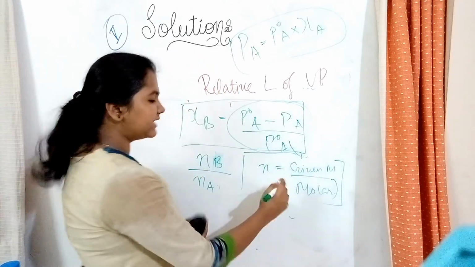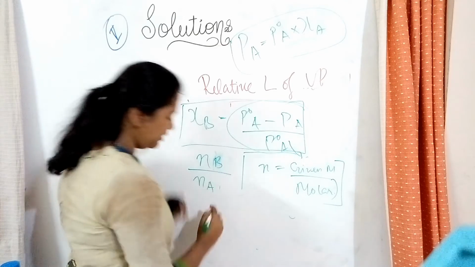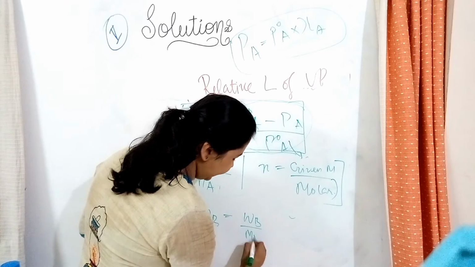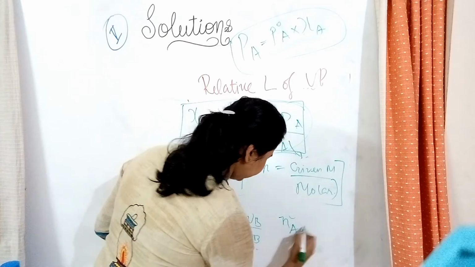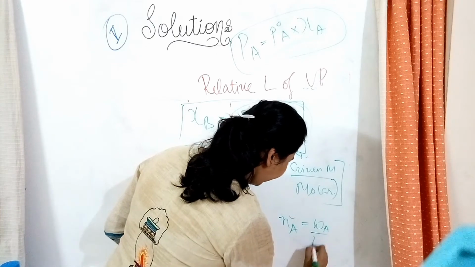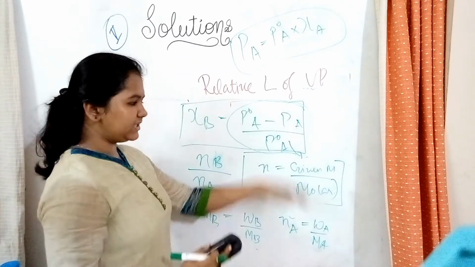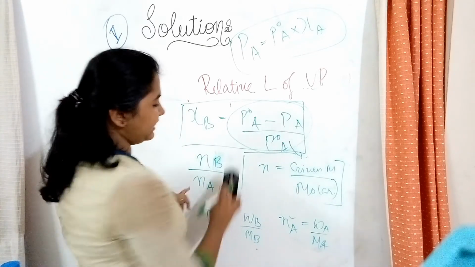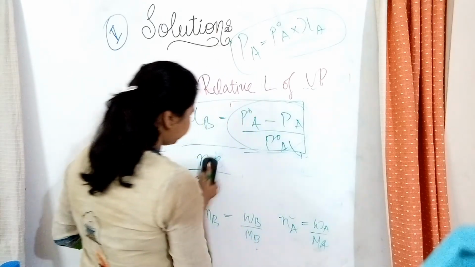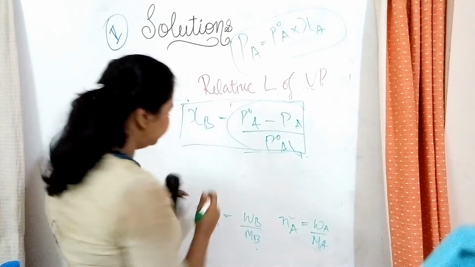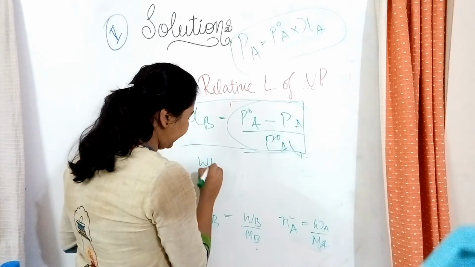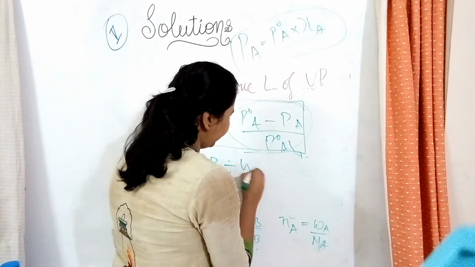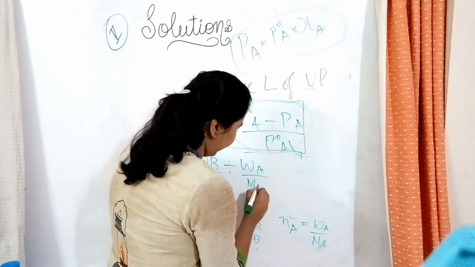Yeah. So what is the given mass? How do you write it for the component B? So Nb is equal to Wb by Mb. For Na, that is Wa divided by Ma. So now let's equate these to this, because chi B is equal to Nb by Na. So first comes Nb, so Wb divided by Mb, divided by Wa over Ma.